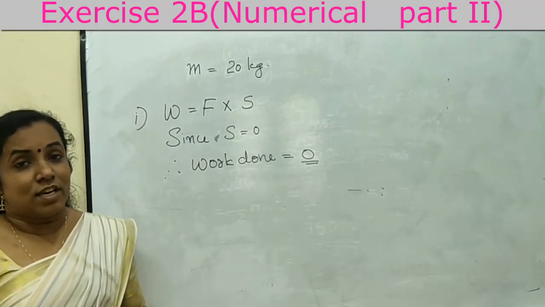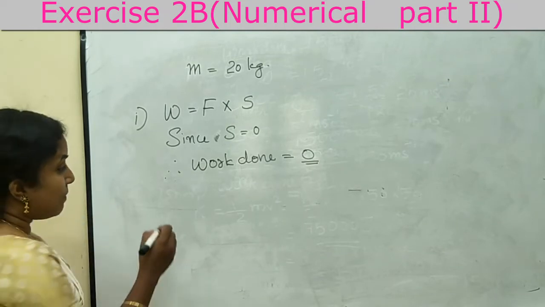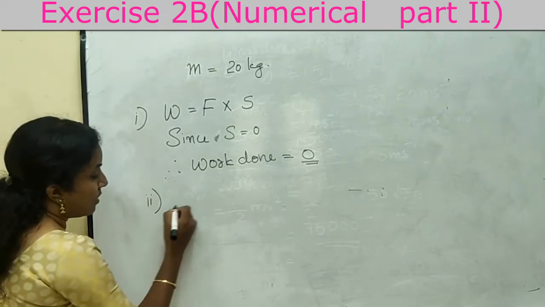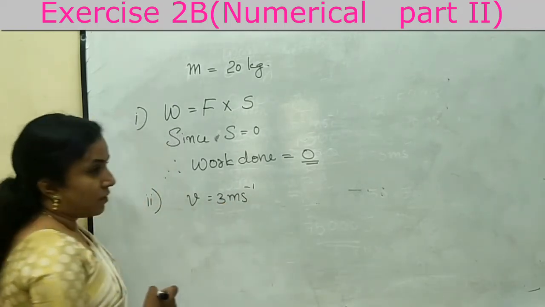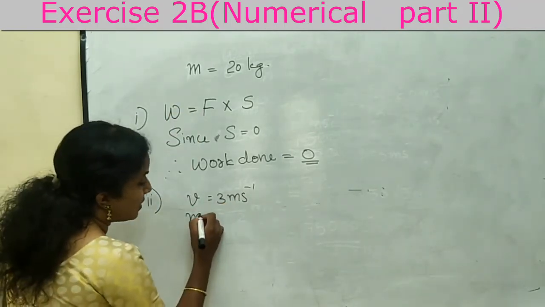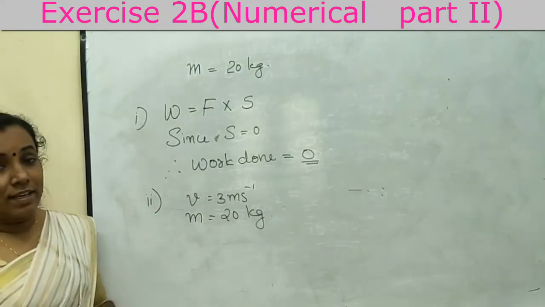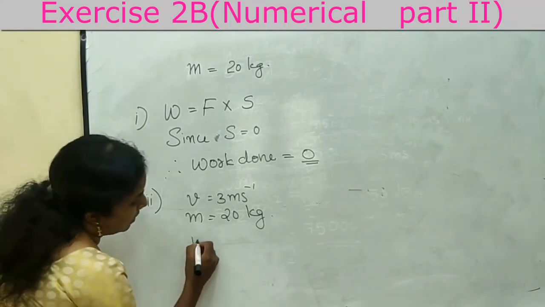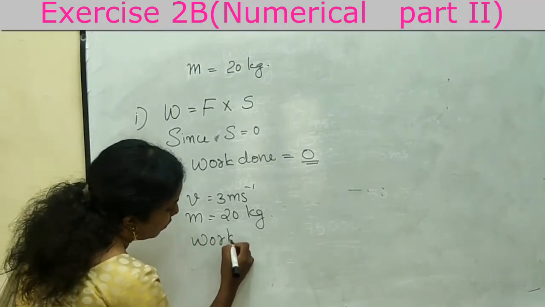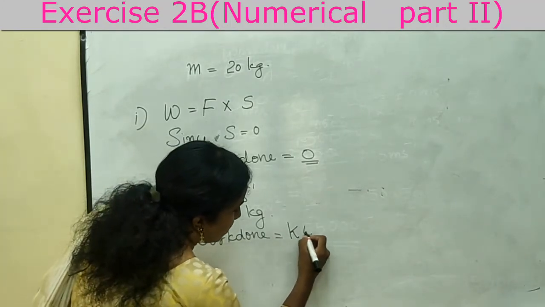In the second section, the man is running with a speed of 3 meter per second by carrying this box of mass 20 kilogram. Here, the work done by the man is equal to the kinetic energy of the box.